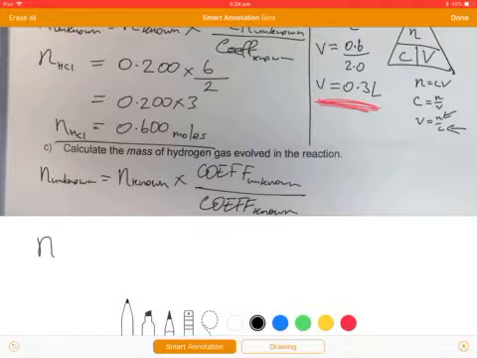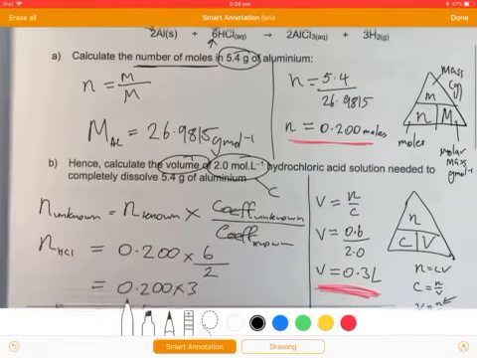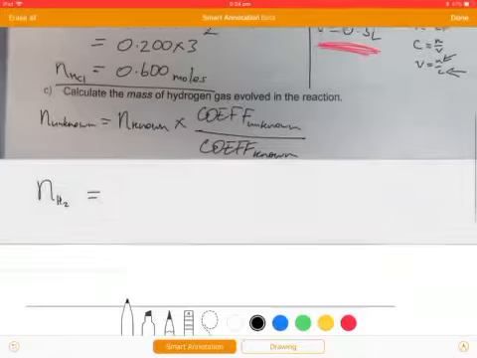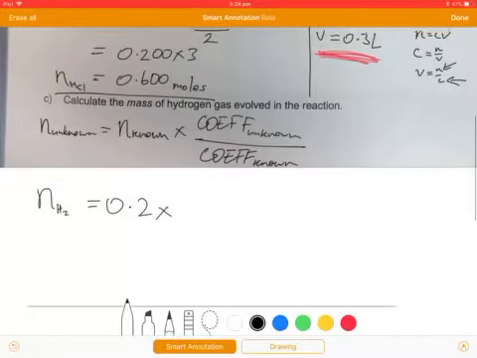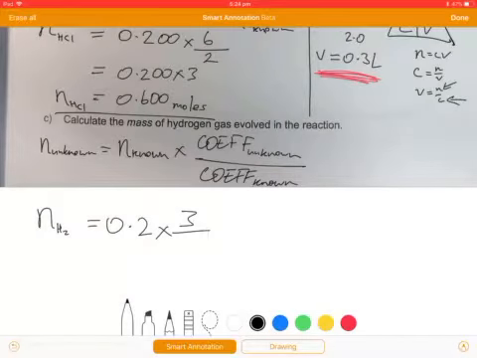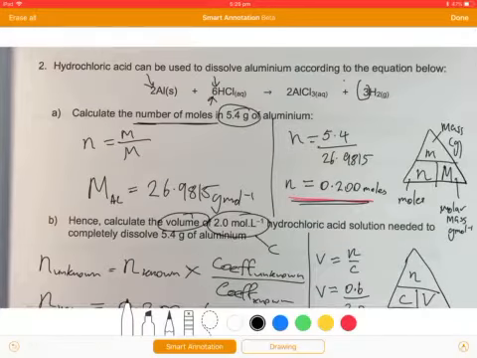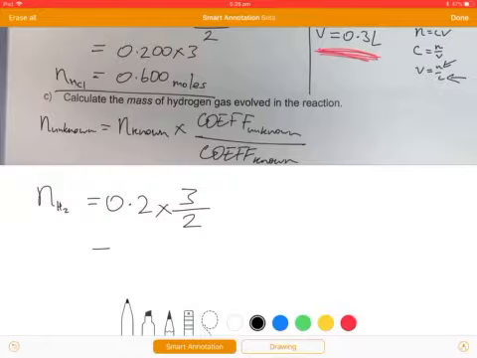Therefore, the moles of hydrogen gas is equal to the moles of aluminium again, which was 0.20, times by the coefficient of the unknown, which up here is 3, because hydrogen gas is our unknown, divided by the coefficient of the known, which again is 2. 0.2 times 3 divided by 2 is equal to 0.3 moles.